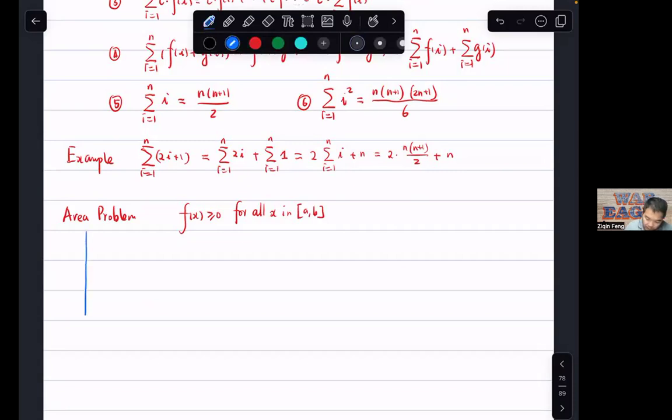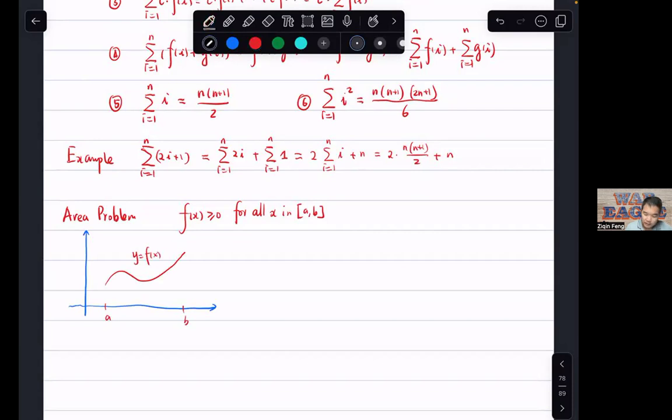Then you can sketch it. Let's say this is a here, this is b here. We have a function which is positive, y equal to f of x. This function is always non-negative.